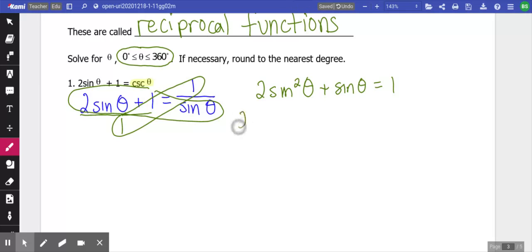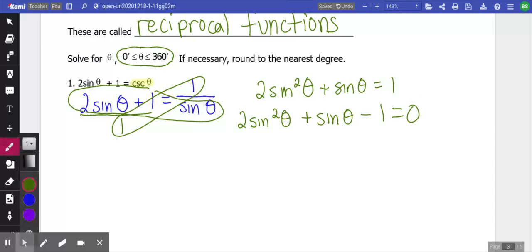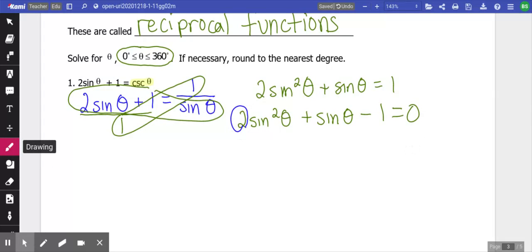So we'll have 2 sine squared theta plus sine theta minus 1 equals 0. And then we need to factor this. So sum and product, two numbers that add to 1 and multiply to -2. You should get +2 and -1.